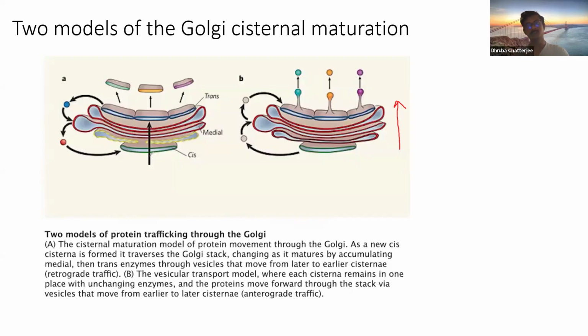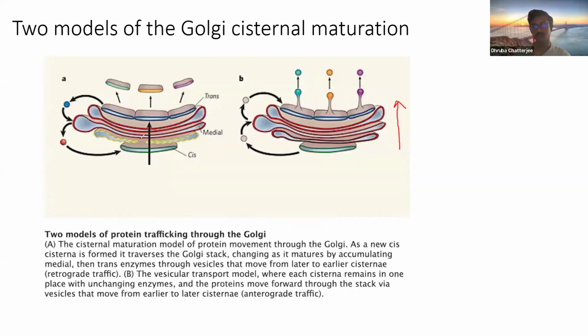So from the trans Golgi, for example, vesicles bud out, bringing enzymes characteristic of the trans Golgi back to the medial Golgi, but now this medial Golgi has moved forward towards the plasma membrane and is destined to become the trans Golgi. So these enzymes, which are characteristic of medial Golgi, are coming back via this retrograde transport through these vesicles, and that's how the medial Golgi system is maintained.